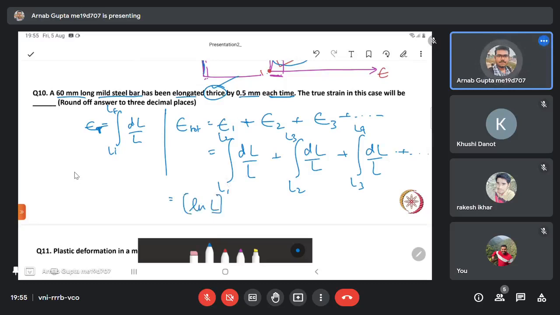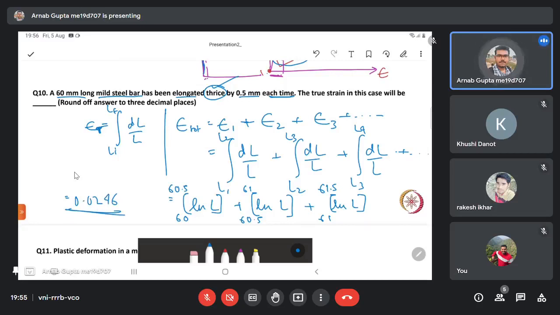For the first case, L1 is 60 and L2 is 60.5. Similarly, the next one, the limits are 60.5 to 61. For the third case, 61 to 61.5. If you substitute the values, you will get an answer around, I think, 0.0246, something within this range.